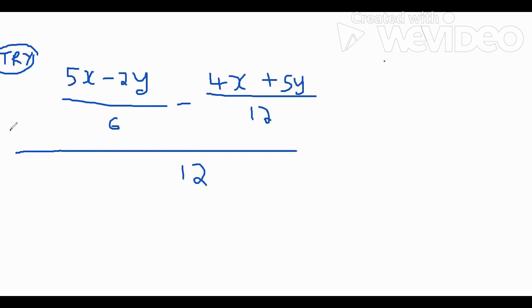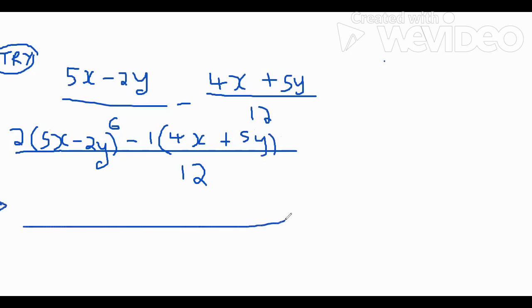So that would be 2 open bracket 5x, take away 2y, close bracket, and then 12 into 12 would be 1 time, open bracket, 4x plus 5y, close bracket. So go down to the bottom.